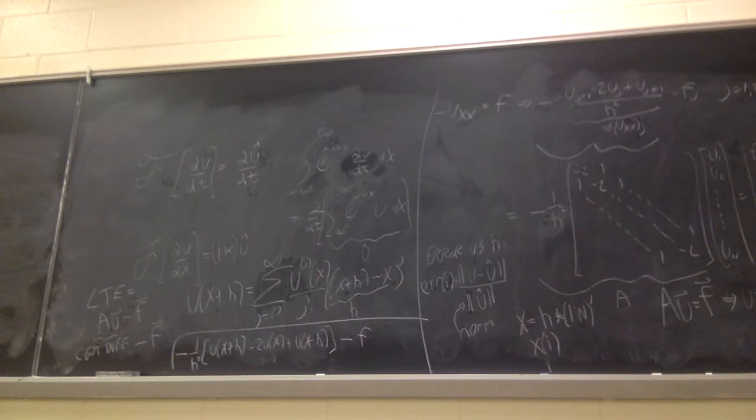Okay, what cancels? Well, this cancels. This minus 2 just plain u of x, not u double prime, is another thing that's subtracted off.